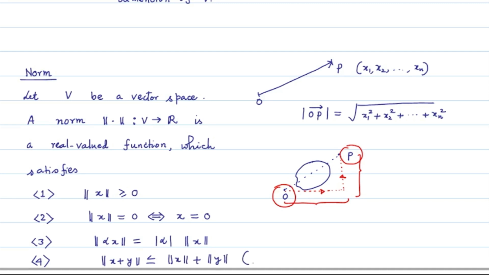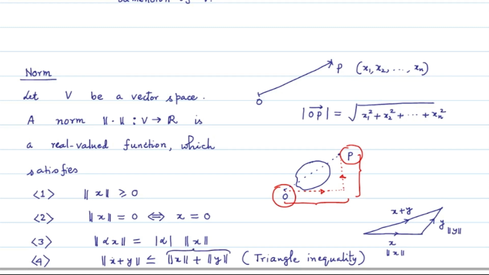This inequality in the fourth property is called the triangle inequality, because if we consider x and y as two sides of a triangle, then we know that the other side of the triangle is given by the vector x plus y, and for a triangle we know that the addition of two sides is always bigger than or equal to the length of the third side, and that's why this inequality is called the triangle inequality.